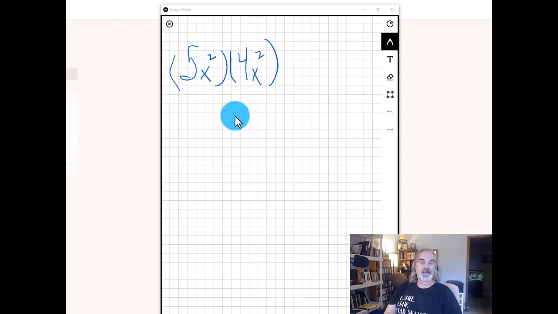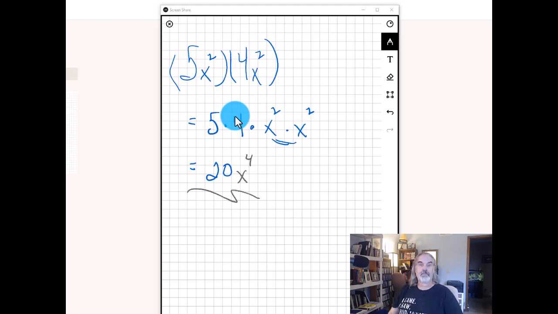Since the 5 is multiplying the x squared and that is multiplying the 4, which is multiplying another x squared, this is all multiplication, so we can exchange places. I would rather see this as 5 times 4 times x squared times x squared. It's the same thing. Now I can see that's 20 times x squared times x squared. Remember, we add the exponents together, so that will be 20x to the 4th, and we're done. Bookkeeping and remembering what to do with exponents.